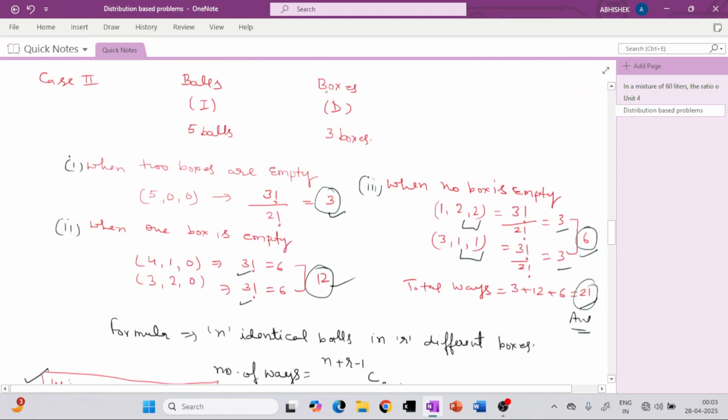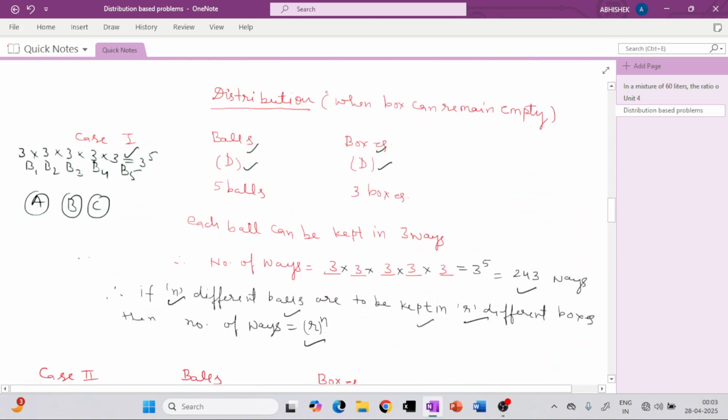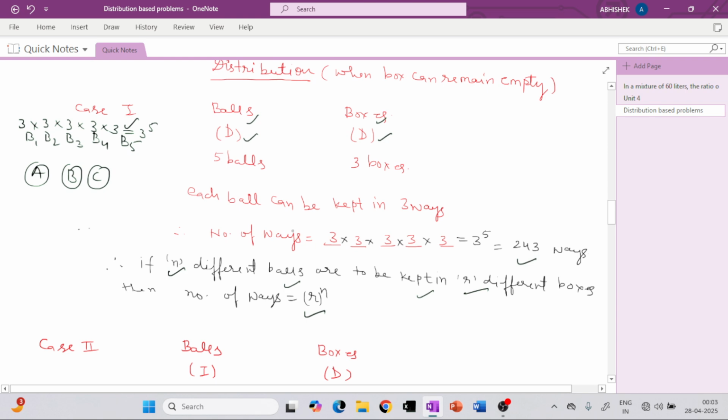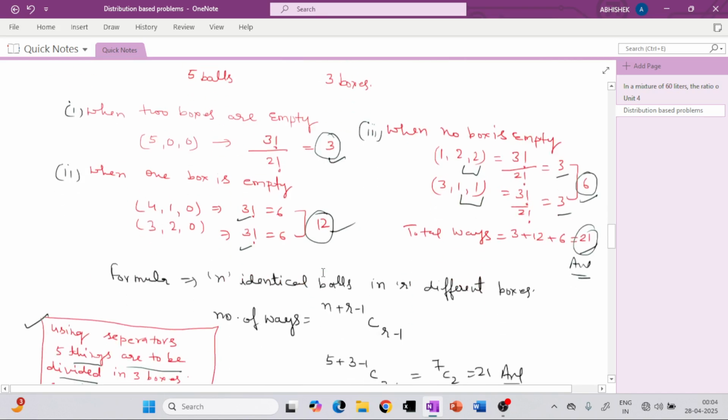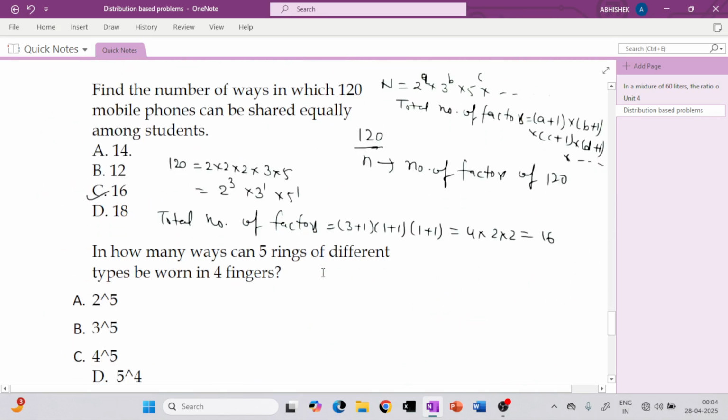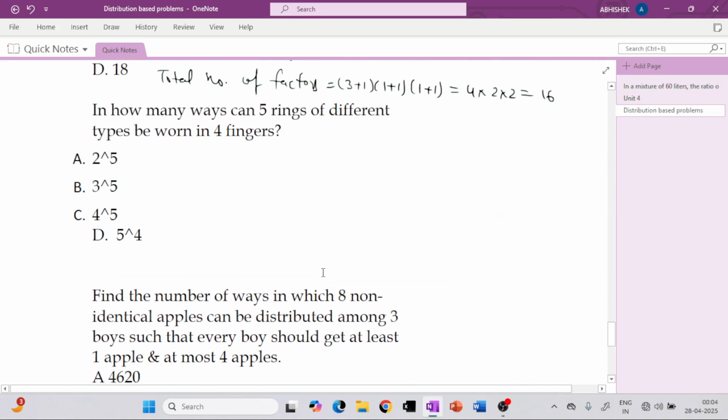Recall case 1, when boxes may remain empty and balls are different: the method is r raised to the power n. Similarly in this case, 5 rings can be worn on 4 fingers.